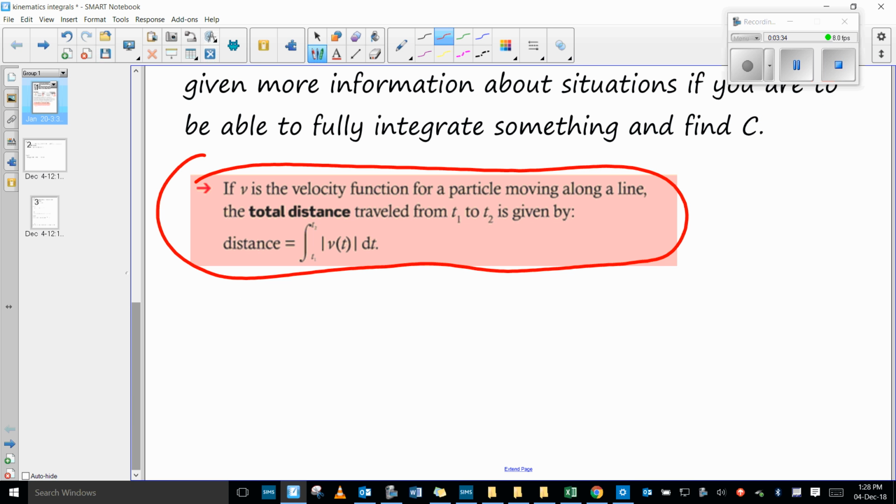This part here is becoming more and more popular and more common in questions. If we're looking at the velocity function, then the definite integral between two times tells you about the distance travelled. So if we have an expression for velocity and we integrate that between two values for t, that tells us about the distance it travelled.